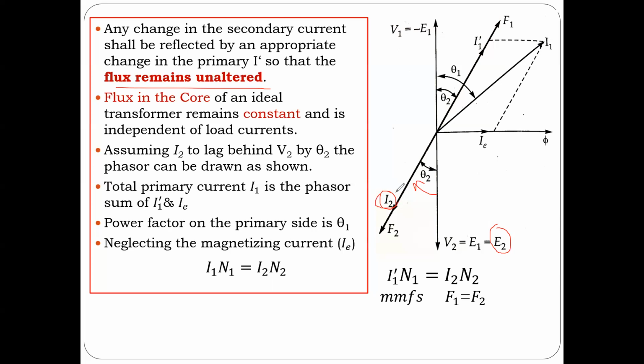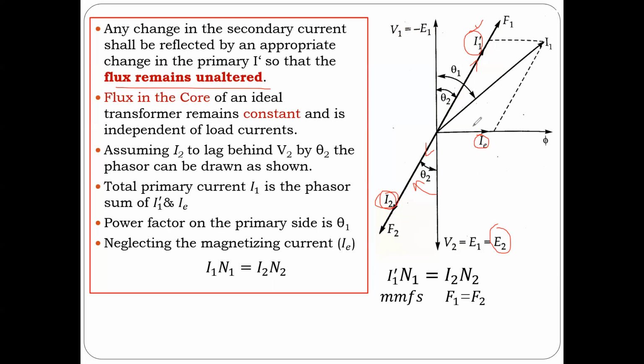and to compensate this, the generator has to produce an equal and opposite kind of current, which is I1 prime. Okay, this is an extra current. Initially, it was providing IE, and now it is also providing I1 prime. So what does it mean?